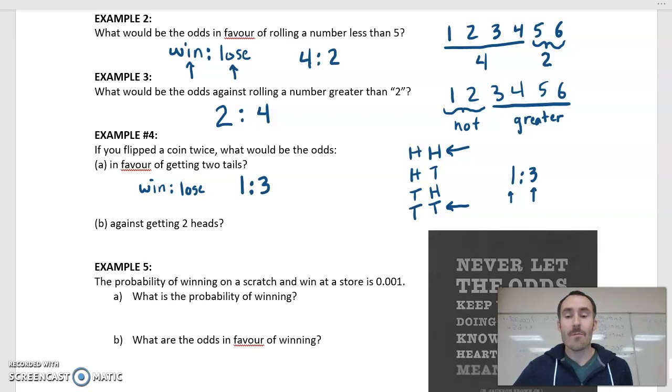But we're looking for the odds against getting 2 heads. So first we have to put all the ways we can't get 2 heads, and then we put the one way that we can. So the odds against getting 2 heads would be lose to win, and that would be 3 to 1. There are 3 ways of not getting 2 heads and 1 way of getting 2 heads. Hopefully this is starting to get a little bit clearer.